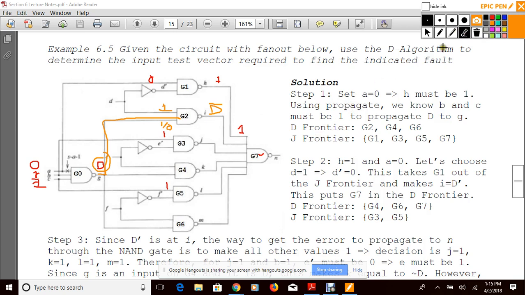So we have D bar goes here. Now that we've propagated the value to the output, this takes G1 out of the J frontier and makes I equal to D bar. And so now we have I and D bar here. So now this takes G7 out and puts it in the D frontier. Does that make sense?